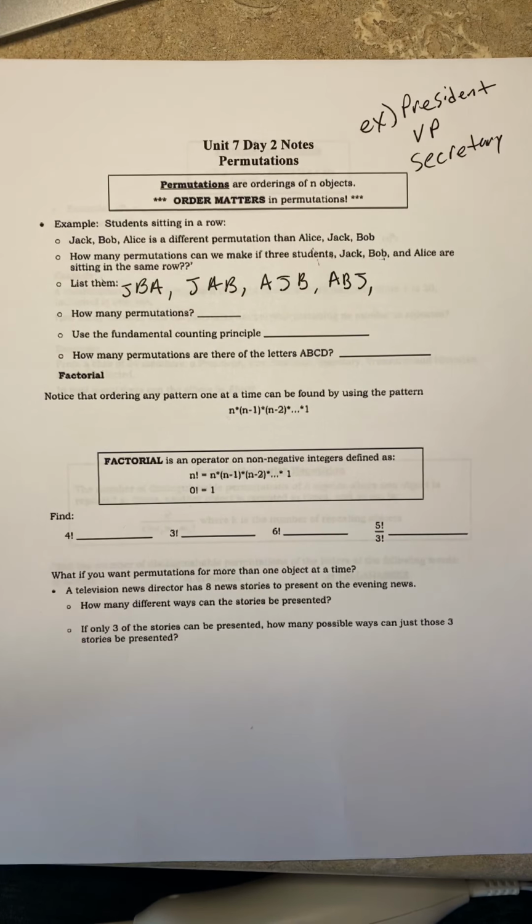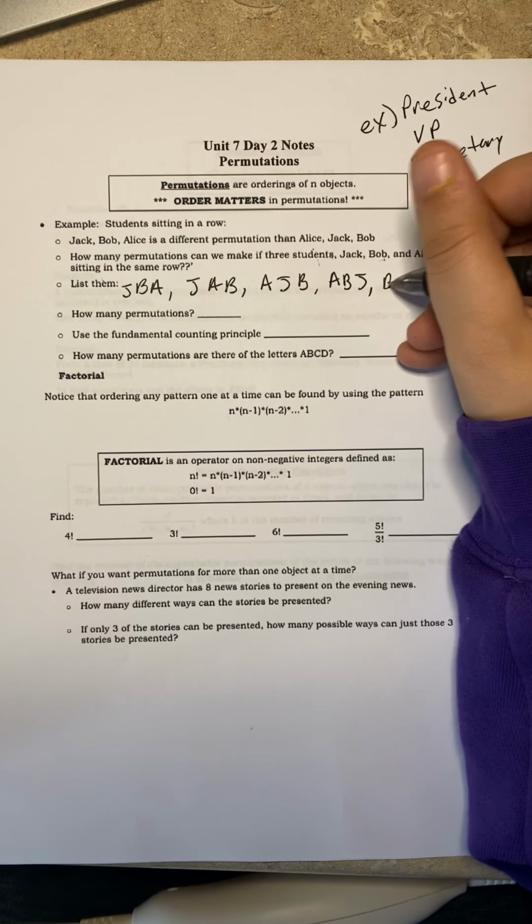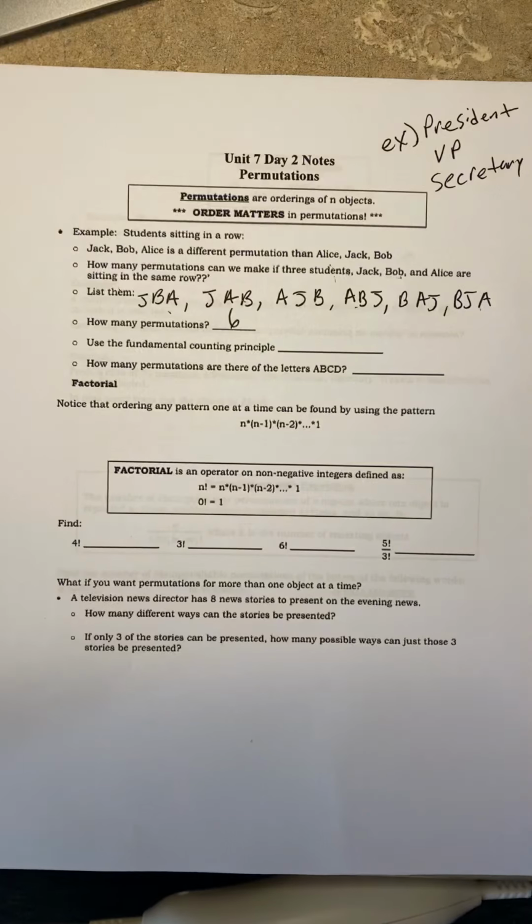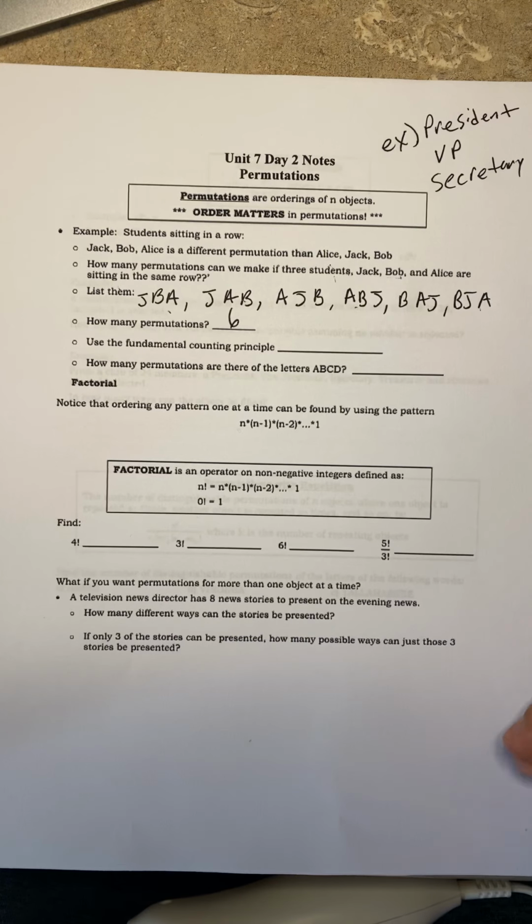Or you can put Bob first, and then Alice, and then Jack, or Bob, Jack, and then Alice. Okay, there's all those different options. That's 1, 2, 3, 4, 5, 6 different permutations or 6 different possibilities that could happen.